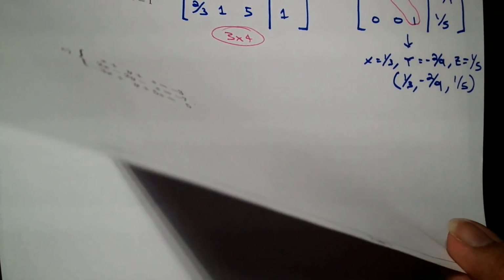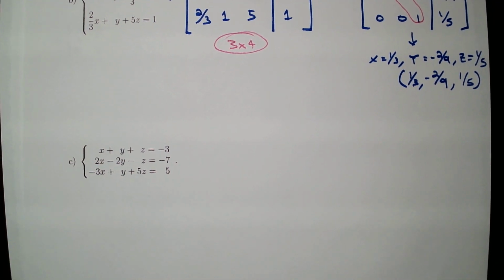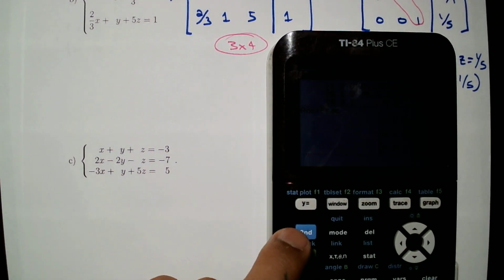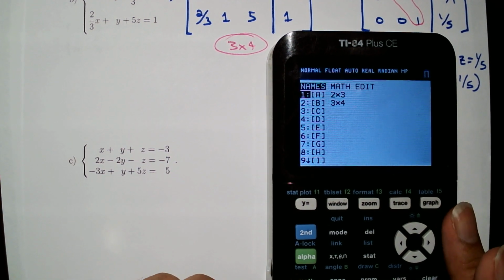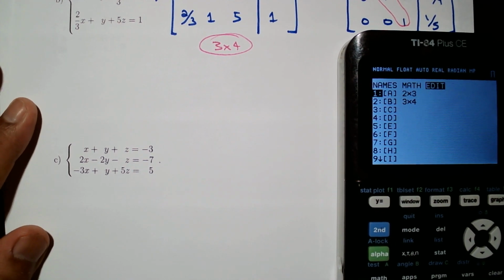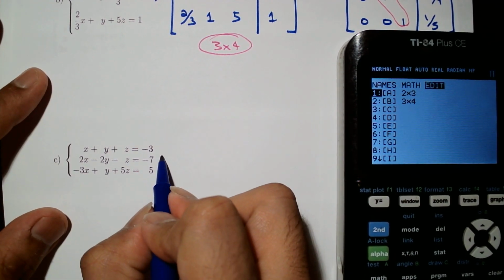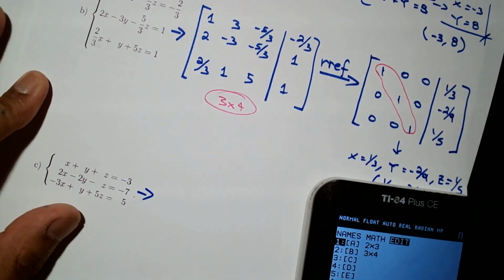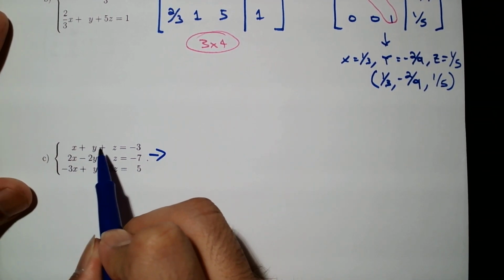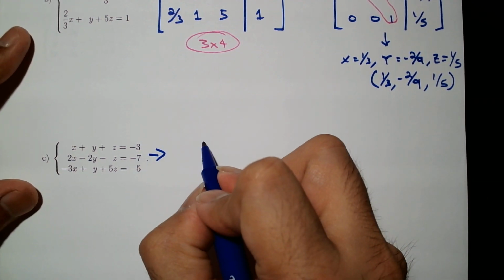All right, let's do another example. Let's keep practicing on this. The more we practice, the better. So I'm going to go second matrix. I'm going to edit the matrix in this case. Well, first of all, I need to write a matrix, right? So let's see. I'm going to have 1, 1, 1, negative 3.